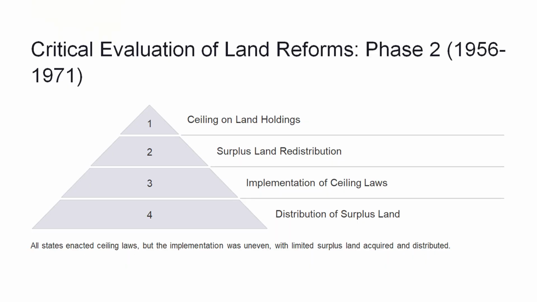Then coming to the second phase, that is from 1956 to 1971. During this phase, as a part of reforms, a ceiling on agricultural land holding was imposed to redistribute surplus land among the rural poor. In response to this, all states enacted ceiling laws by the end of 1961.